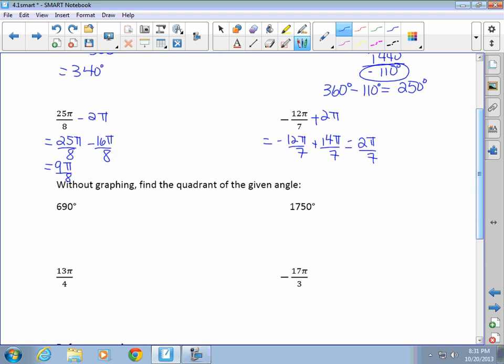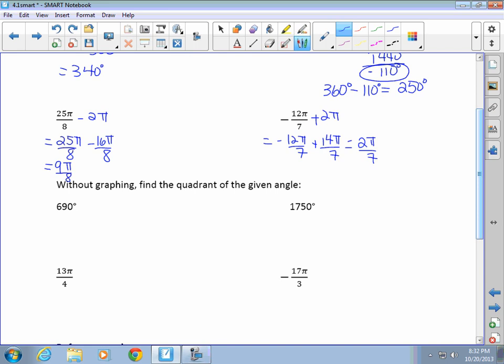So what do we need principal angles for? Well, basically principal angles help us to figure out what quadrant our angles are in, which for now, that's all we want to know. Once we get into the trigonometry part, which quadrant your angle is in matters for whether your answer is going to be a positive or a negative trig function.